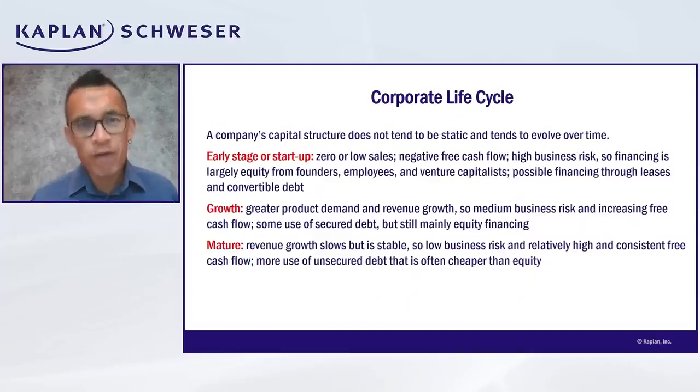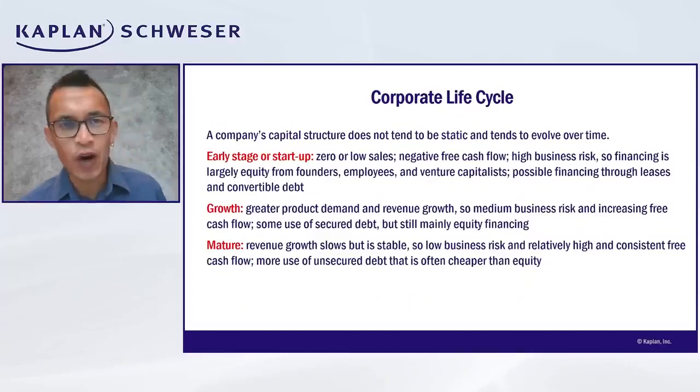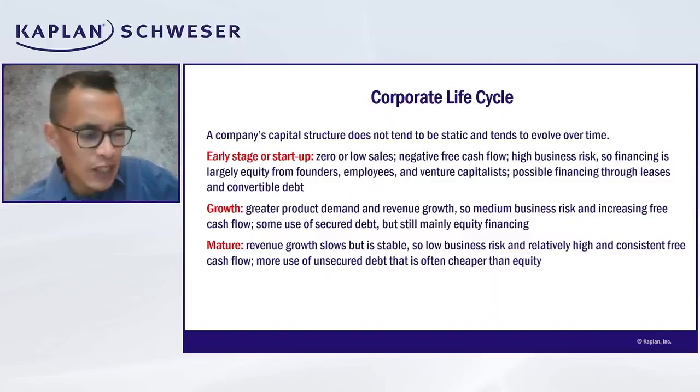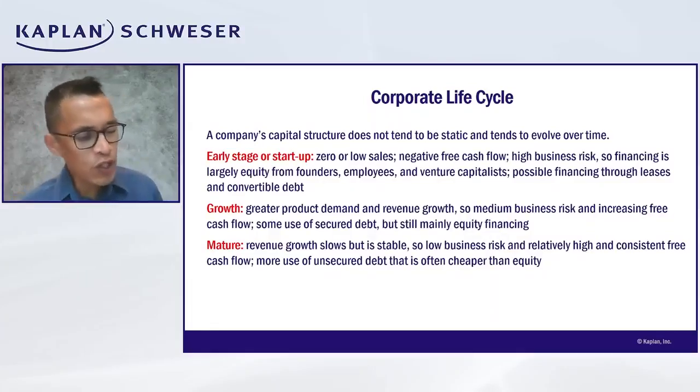Okay, let's go a little bit further, right? Capital structures here are definitely not constant, and they will always be changing. So we should examine, and do some life cycle analysis as well. So there's two things that you need to be able to do once you have read and mastered the material.